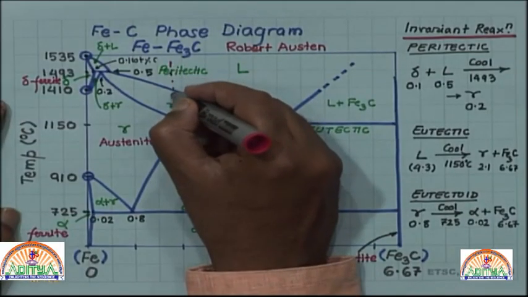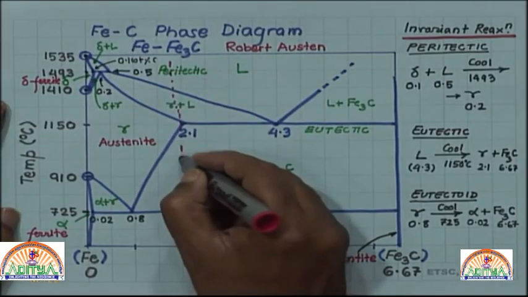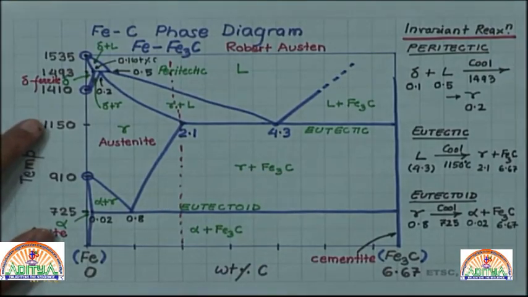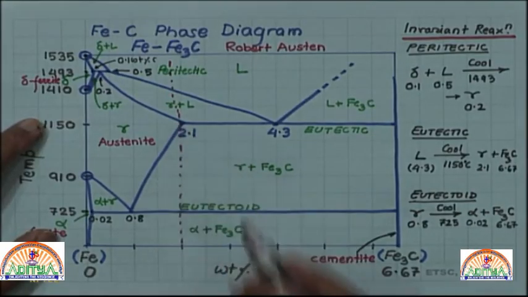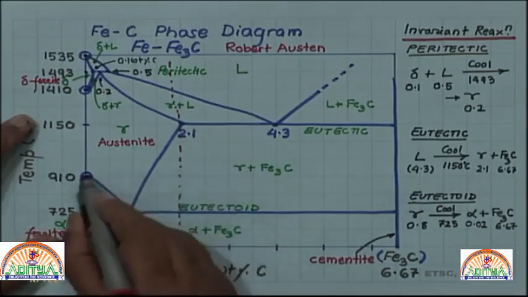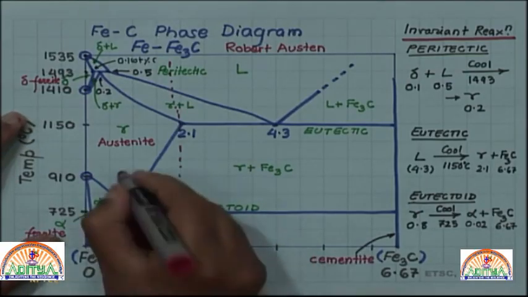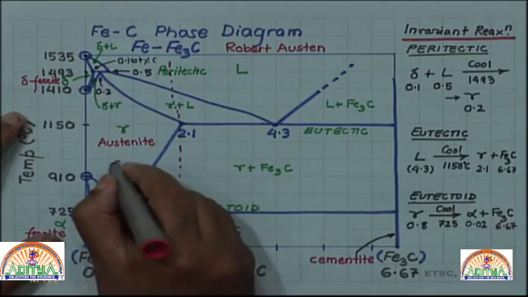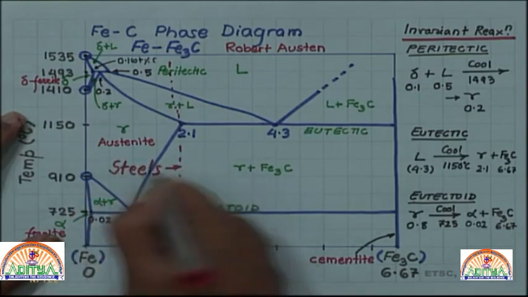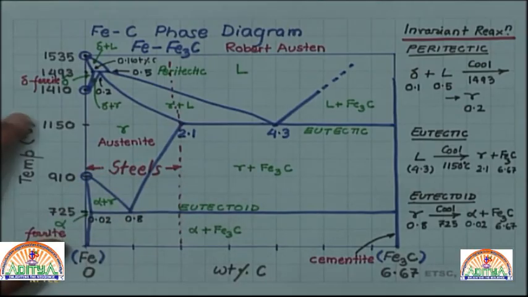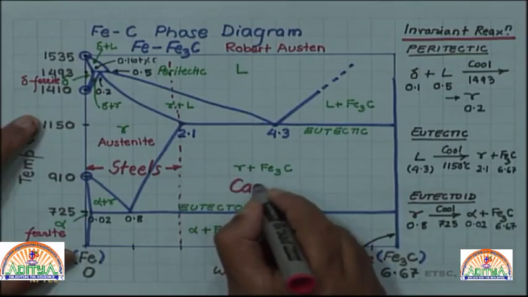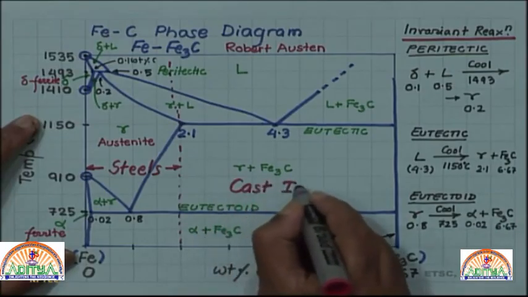The alloys which are less than 2.1 weight percentage are called steels. If the alloys have more than 2.1 weight percentage, they are cast irons. Okay, so this is the complete explanation of the iron cementite diagram or iron carbon diagram.